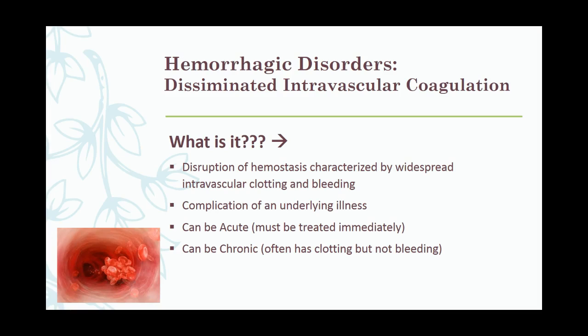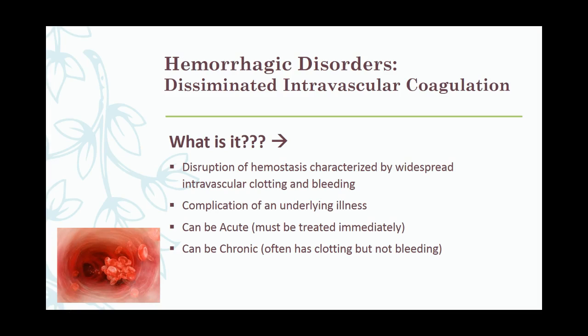Now, let's move on to disseminated intravascular coagulation. This is a very difficult disease to understand. So we're going to try to go over this in as simplistic terms as I can make it for you.